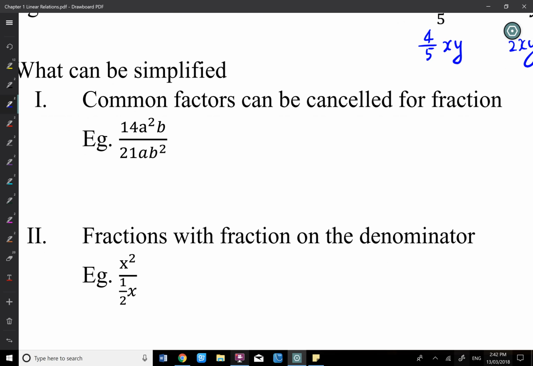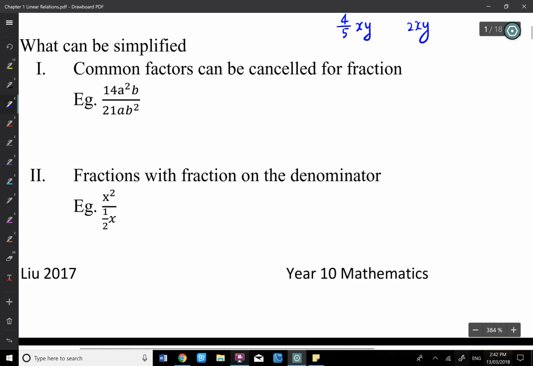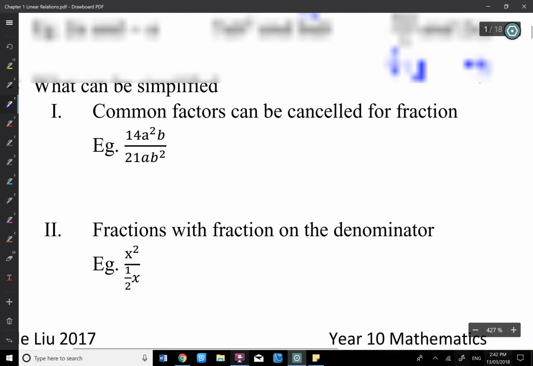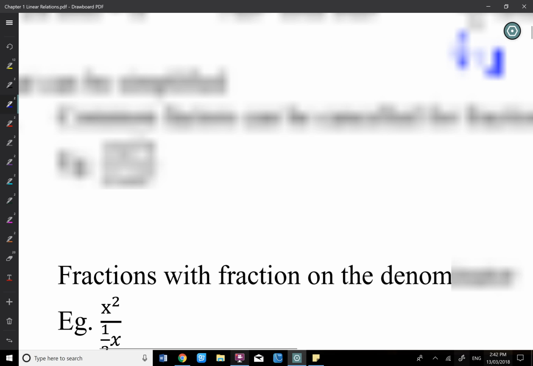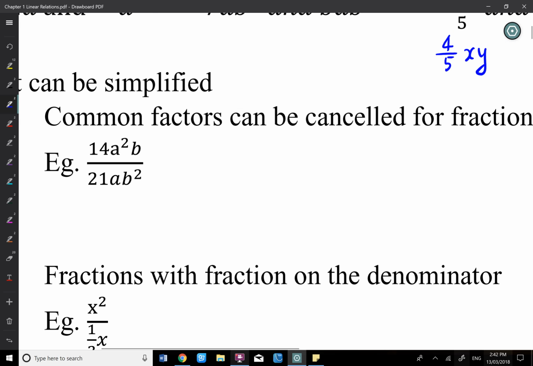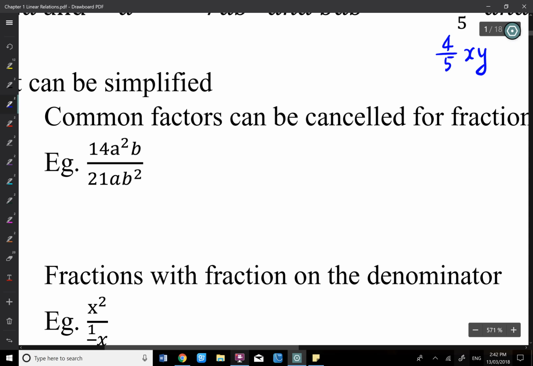Okay, what we can do when we're trying to simplify things. The first one is when we have common factors that can be cancelled from the fraction. You can see here, we have 14 and 21. We have a 7, so we can divide by 7, that's 2 and that's 3.